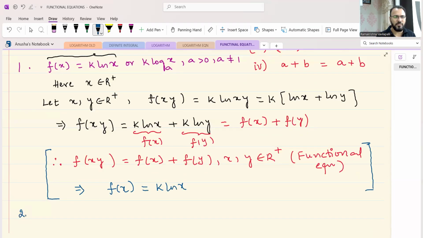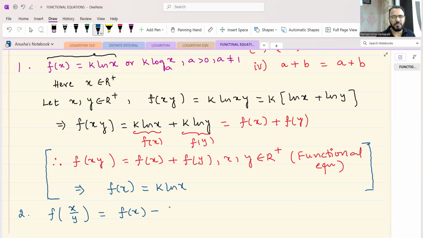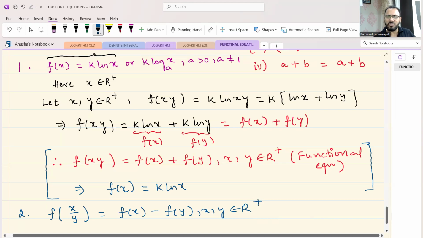Second one. f of x by y equals f of x minus f of y, where x comma y belongs to R plus. They are positive real numbers. Now, what is the solution of this function?